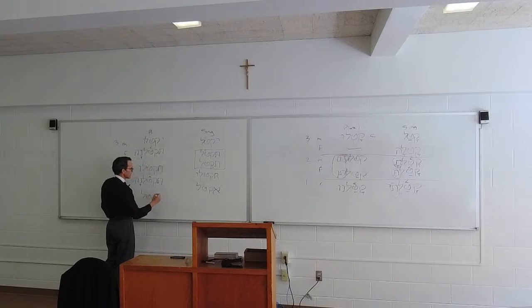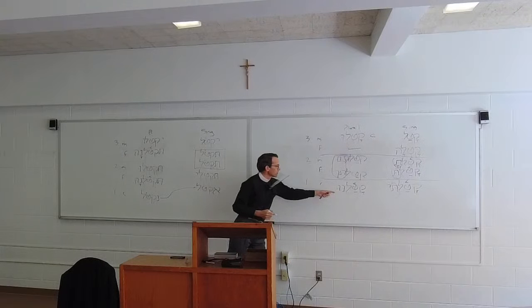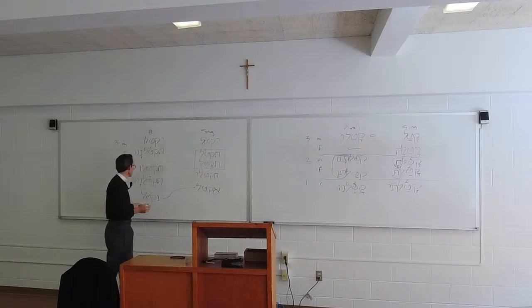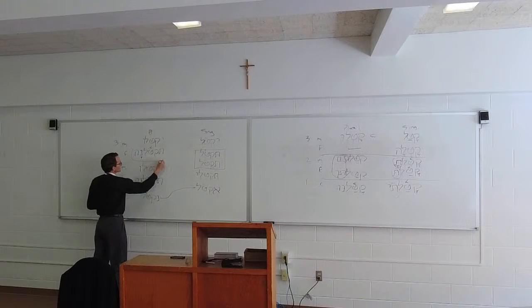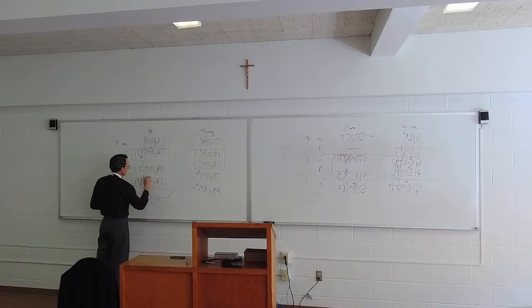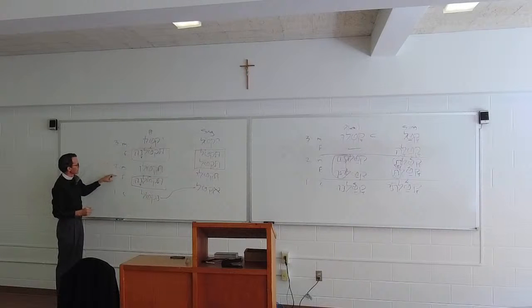I got a little out of alignment here, but this is the first person. Niktol. It's got that nun. You get connected to the nun of the noun here, but it's on the prefix here because it's the prefix conjugation. So on this side, we have two identical forms, both of them feminine. Third person feminine plural and second person feminine plural are identical.